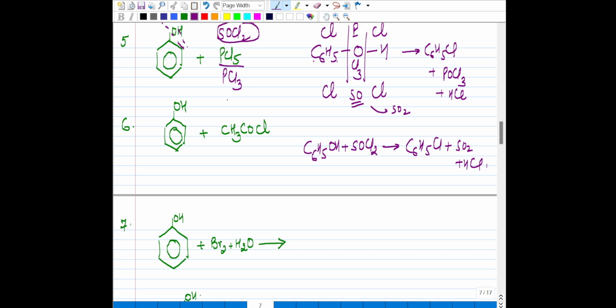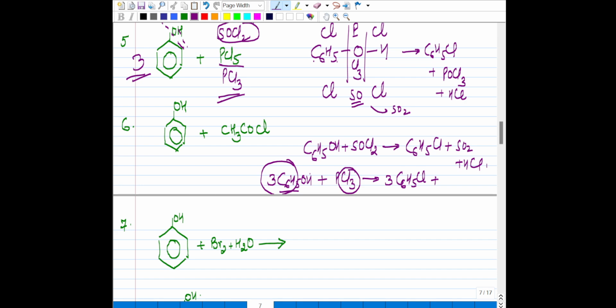And if you take PCl3, then in that case what happens? We take 3 parts of phenol. So 3 parts of C6H5OH plus PCl3. Now what will happen? These 3 C6H5 and 3 Cl will form 3 molecules of C6H5Cl.